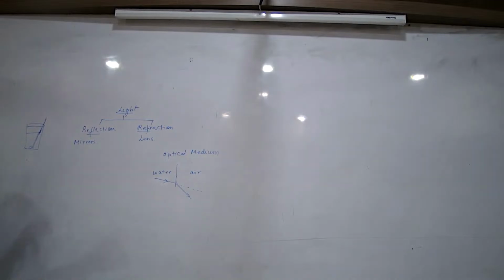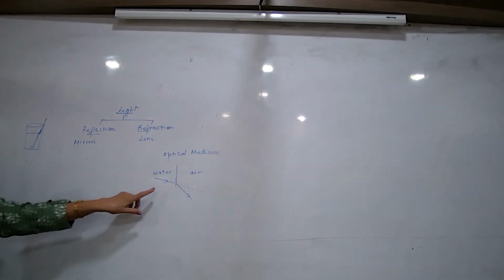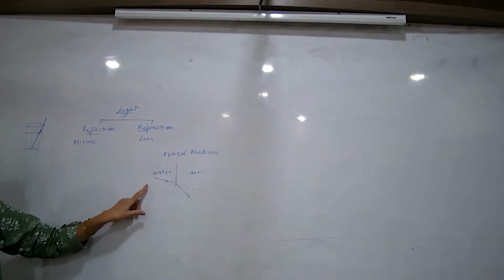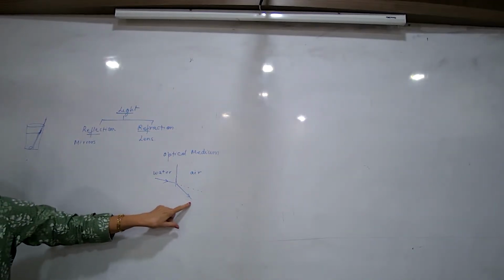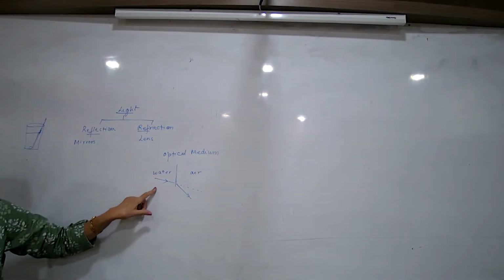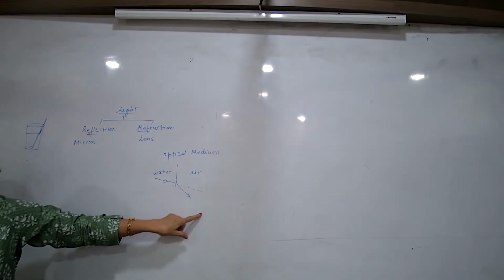So this phenomenon is called refraction. So what is refraction? Refraction is nothing but a change in the path of light when light passes from one optical medium into another optical medium.